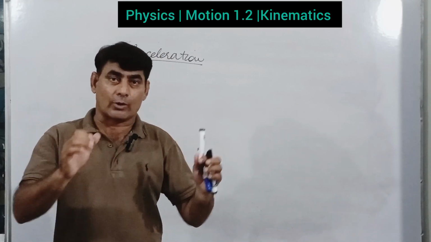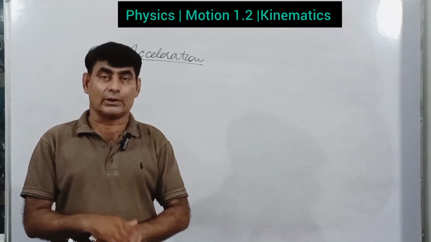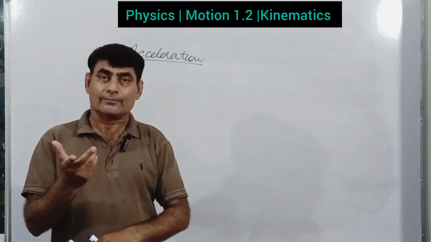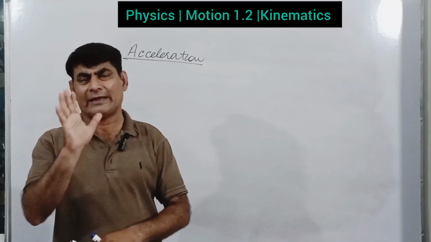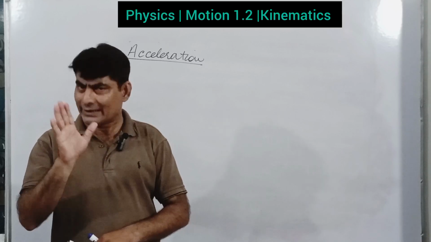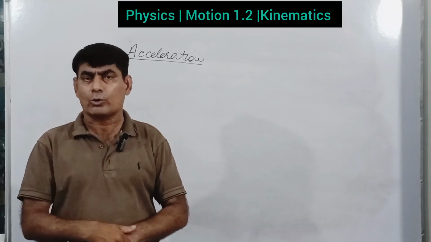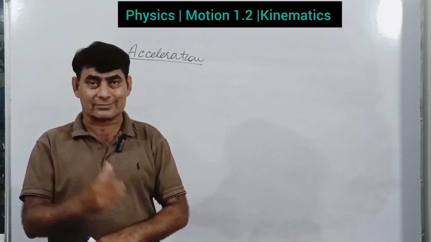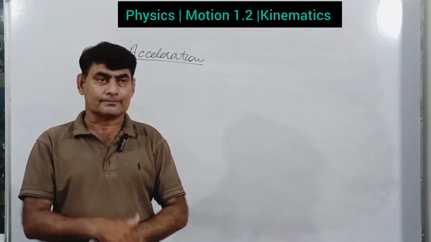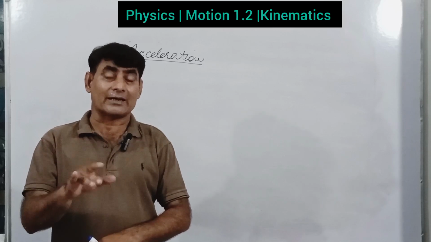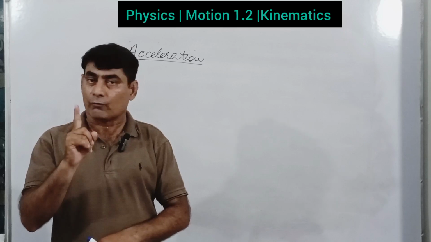As it is a vector quantity, we should use the word velocity, right? But sometimes someone uses speed. Never mind, we can consider that if we are talking about the magnitude of acceleration. Sometimes it happens, but the right word is velocity.